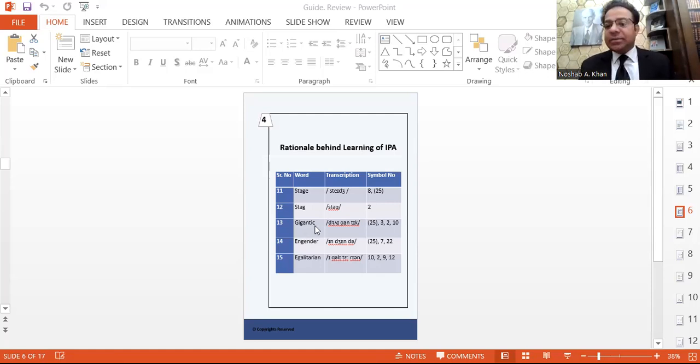gigantic. Now, since I know for sure the sounds of the symbols used in this transcription, the first symbol, which represents the first G, letter number 7 of the English alphabet, is J, which occurs in joy and bridge.